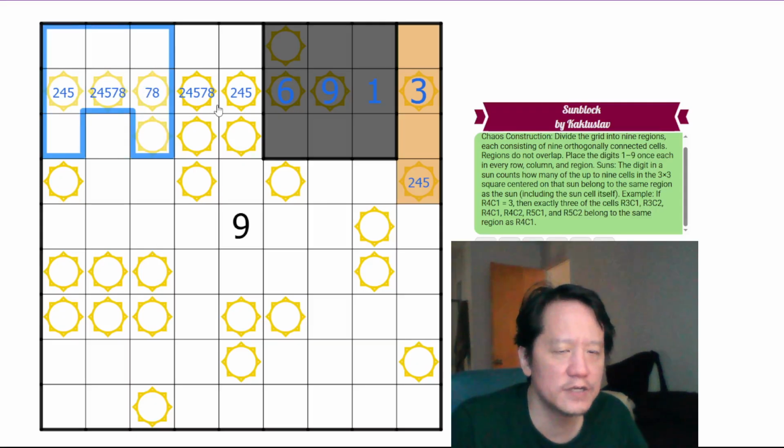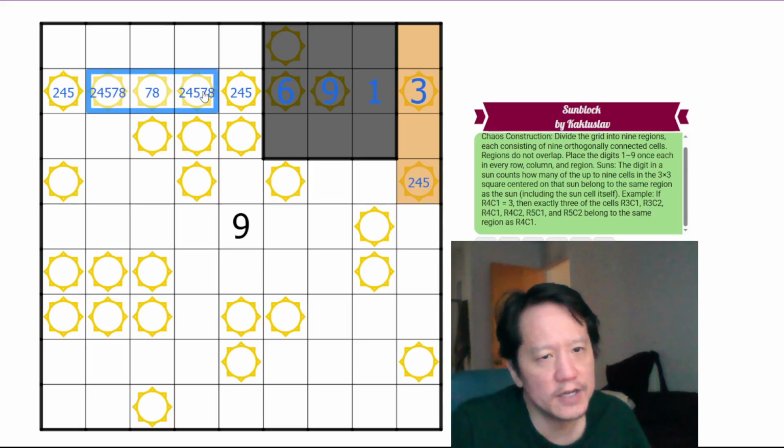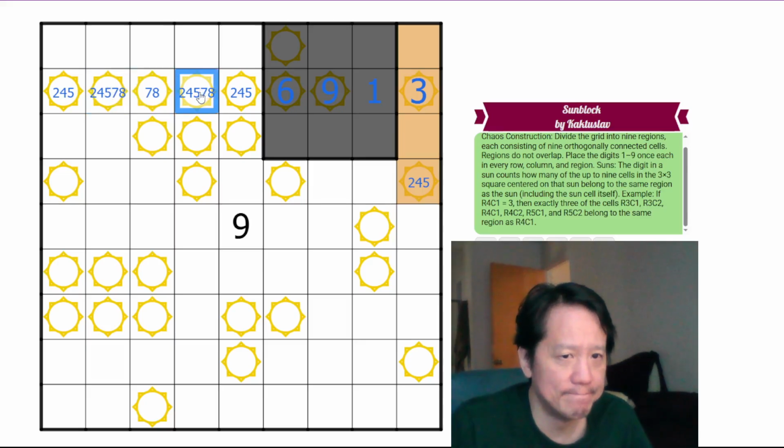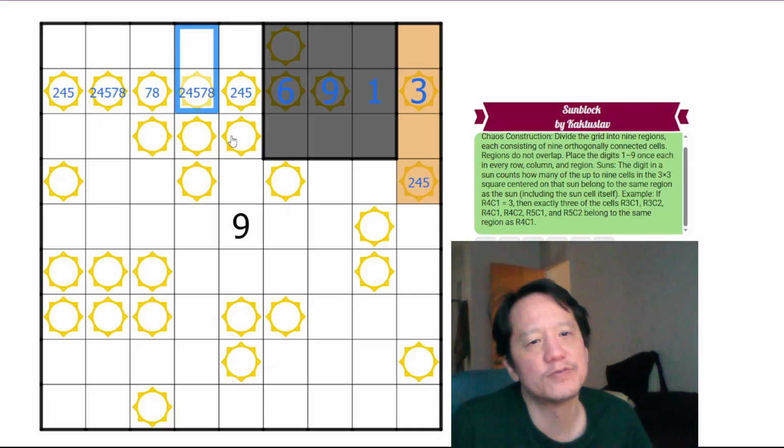If you have 8 here, the problem is 7 can't be here as a different region. So 7 and 8 have to overlap. Therefore, it must be 6 as a whole. And then you have 1 on one side and 2 on the other side of the 3x3.